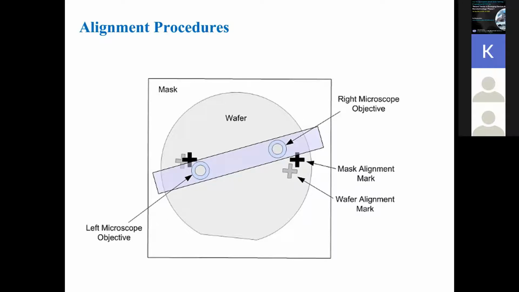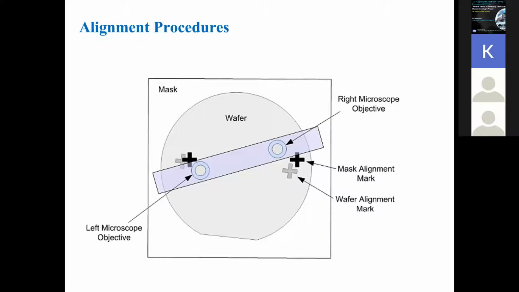So now let's say they are not aligned, so that you can observe using your microscope. Let's say the shadow portion of the cross mark is the one on the wafer, and the darker cross mark is on the mask. You see, obviously they are not matching.